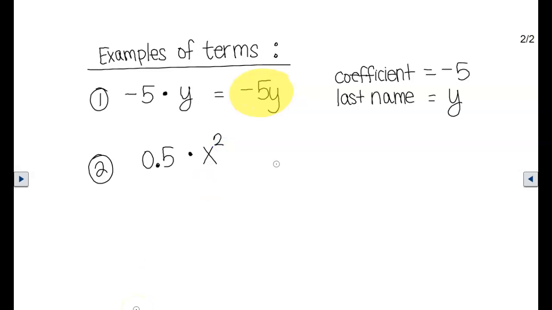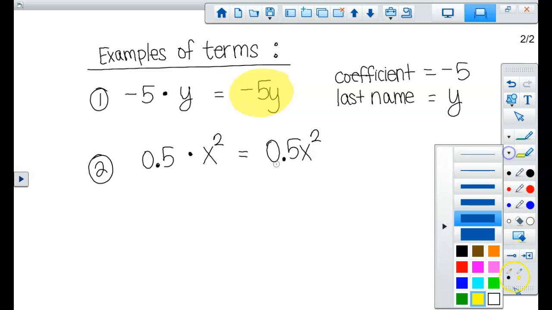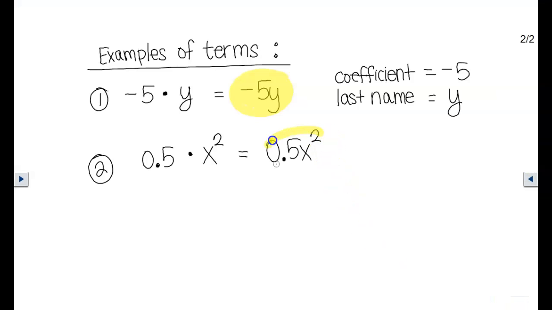So this would be another example of a term, because I have this number part, 0.5, being multiplied by this variable part, x to the second power. Now again, I would prefer that we write that without the dot and just put them beside each other. So 0.5x squared. This would be another term.